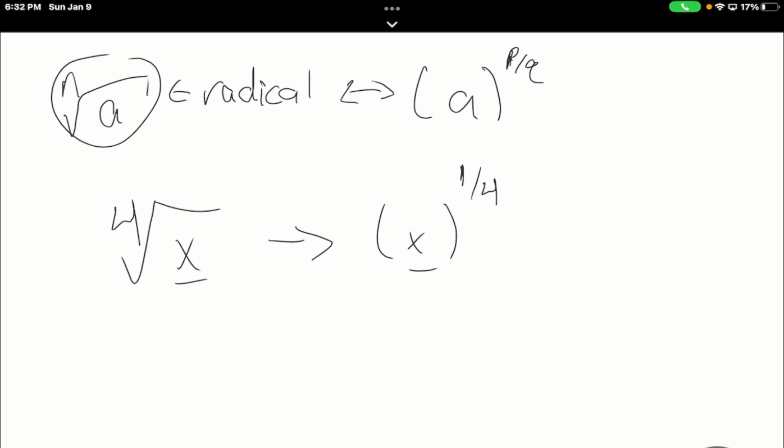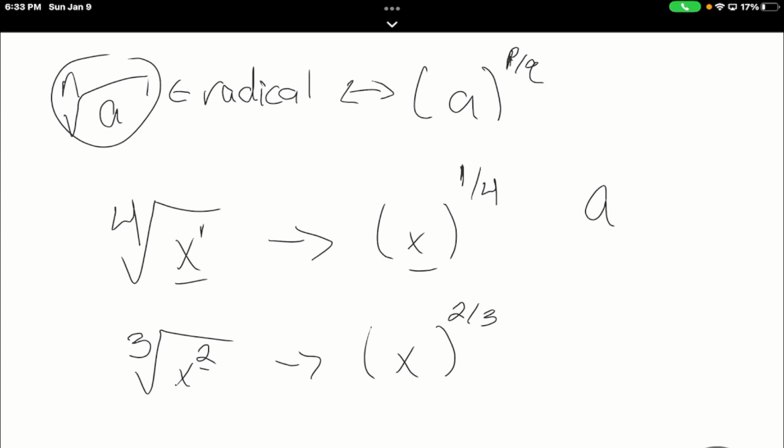I think the more complicated stuff gets involved if I have something like the cubed root of x squared. The difference between these two is that I have a squared on this one and there was a 1 on this one. So how do I compensate for that? Instead of having a 1 on the numerator, you are going to have a 2 on the numerator. In general, when you have A to the P over Q, P is the rad power, the power on the radicand.